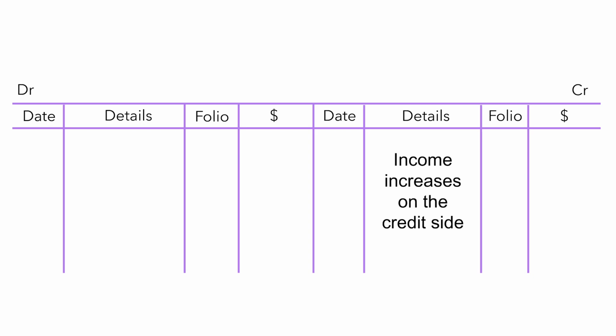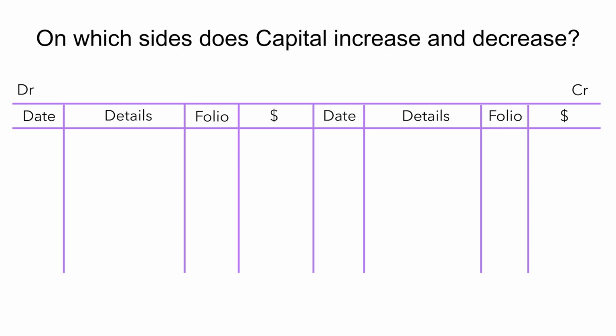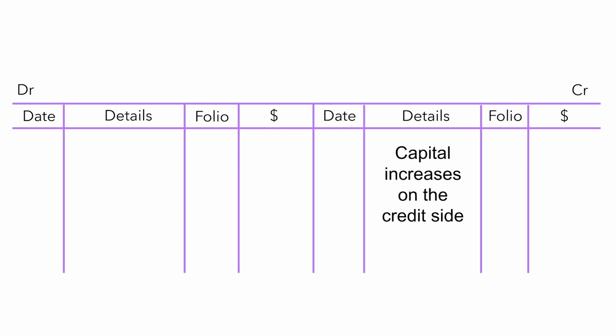Income increases on the credit side, income decreases on the debit side. On which sides does capital increase and decrease? Capital increases on the credit side, capital decreases on the debit side.